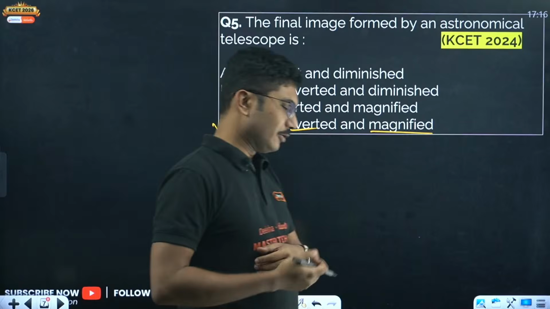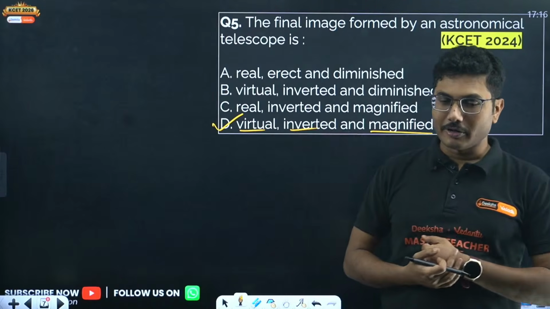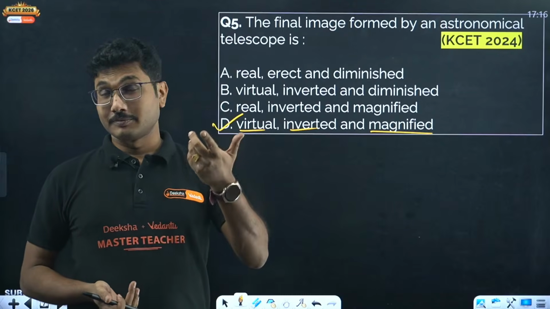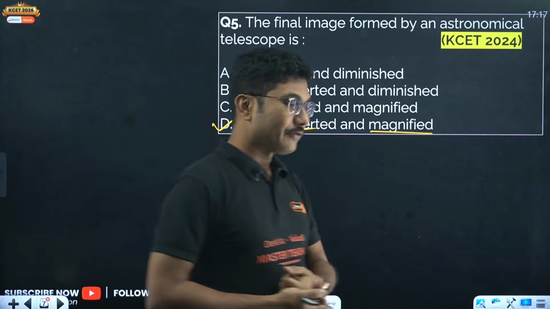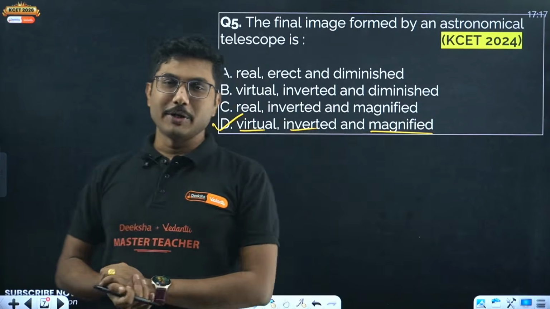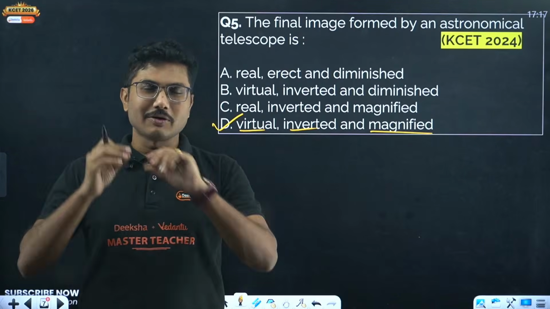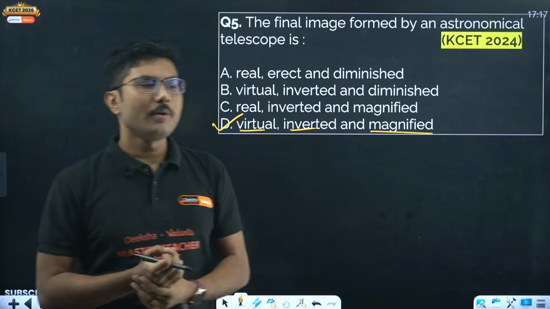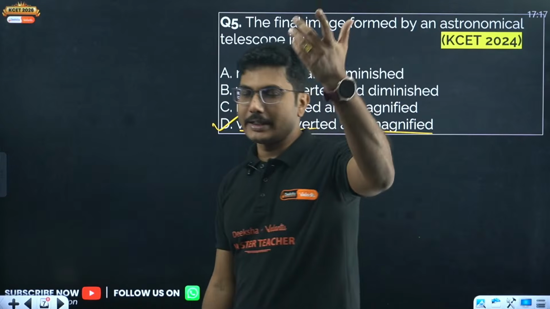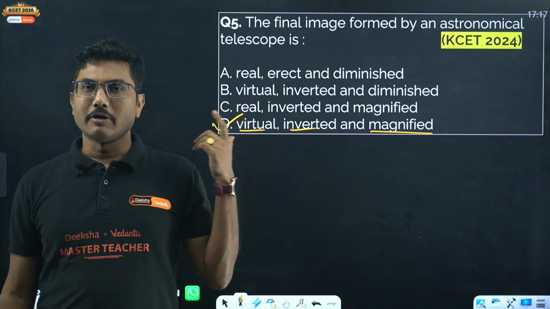Those who don't know about Galileo should remember the Pirates of the Caribbean movie, where Jack Sparrow used a telescope to observe what is happening beyond, right? That thing is called a terrestrial telescope. If you are observing a distant object outside Earth, then it is called an astronomical telescope.